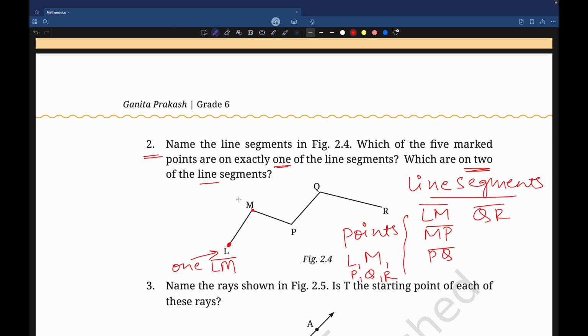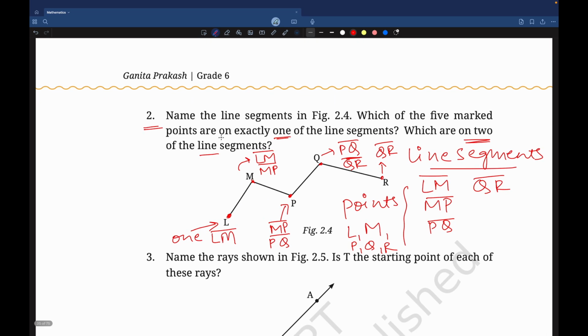Then point M is on 2 line segments, that is LM and MP. Point P is on 2 line segments, that is MP and PQ. Then point Q is also on 2 line segments, that is PQ and line segment QR. And point R is on only one line segment, that is QR.